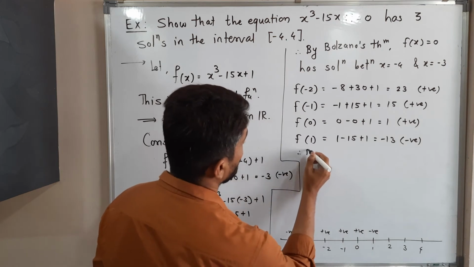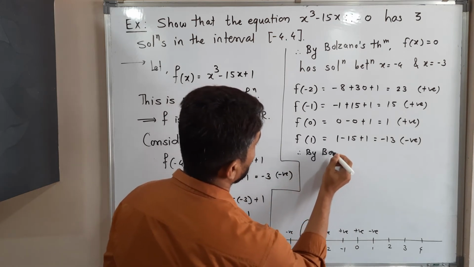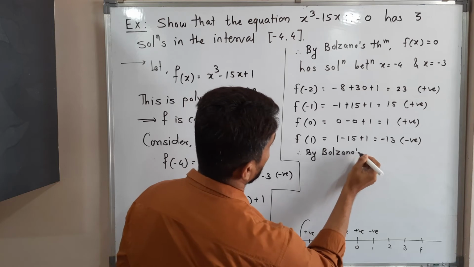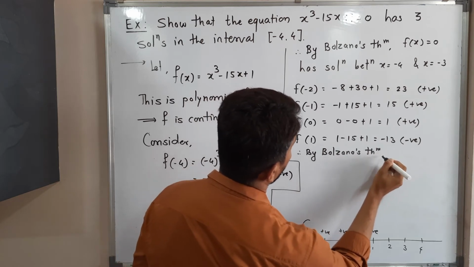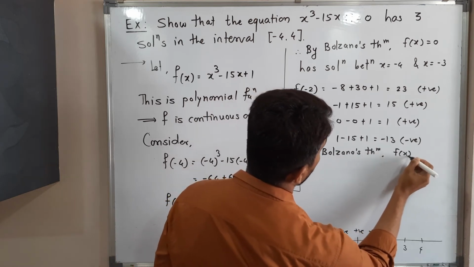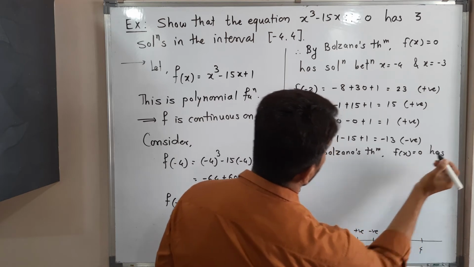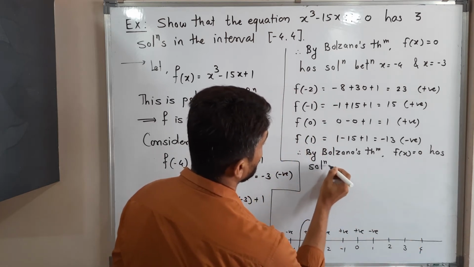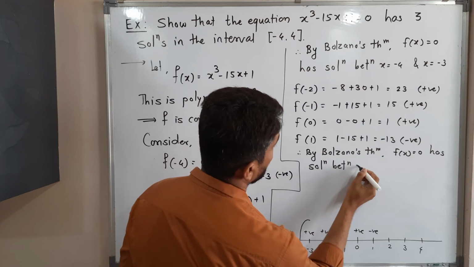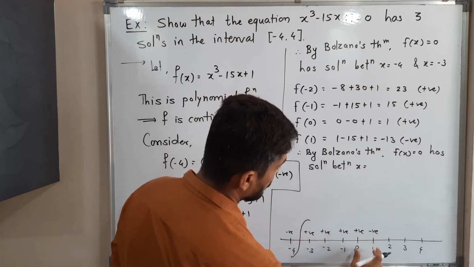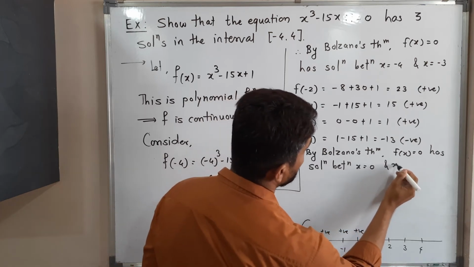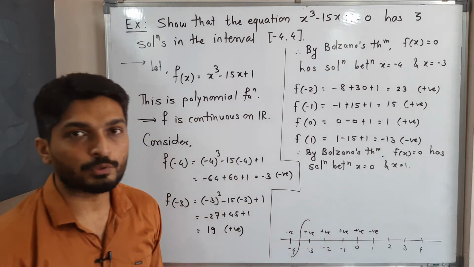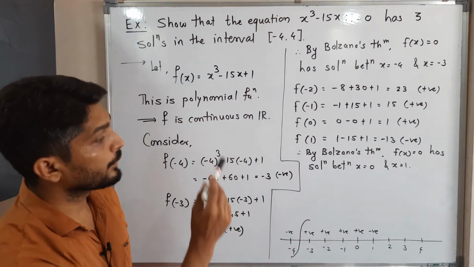So therefore, by Bolzano's theorem, f of x is equal to 0 has a solution between x is equal to 0 and x is equal to 1. Yes, second solution we got. We want 3 solutions, we got 2 solutions.